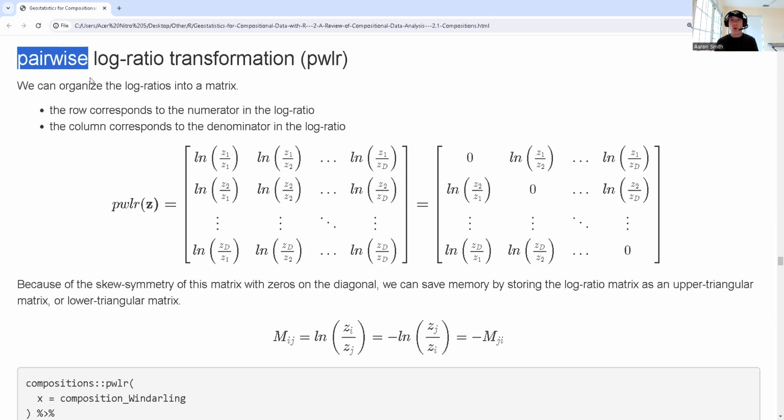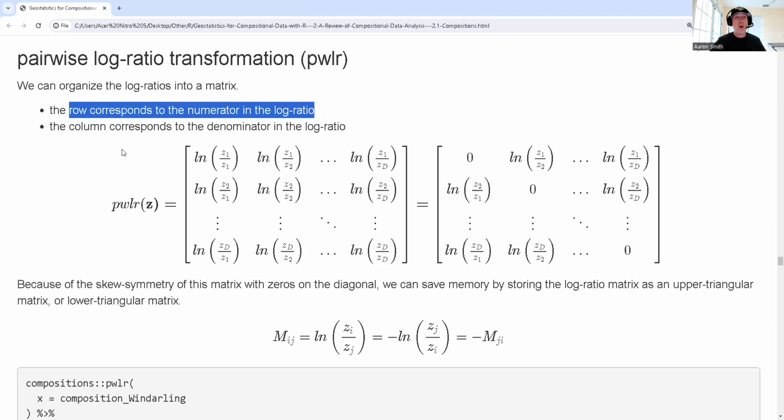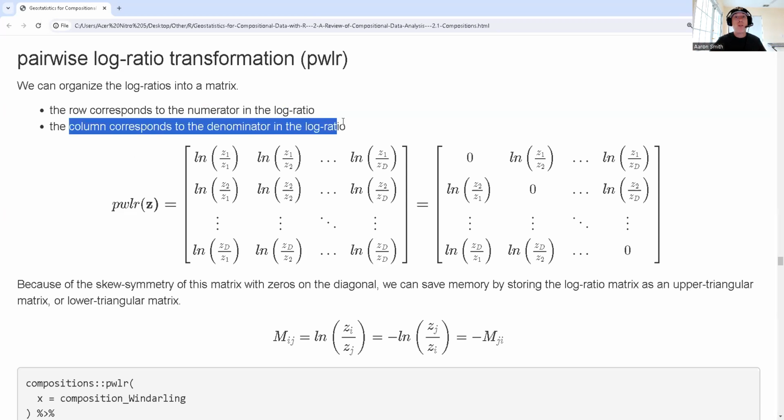Then I'll do this also with measurement 2 and measurement 1, measurement 2 with measurement 2, measurement 2 with measurement 3, and so on until I get all D by D combinations. And so we're going to represent this using a matrix very naturally. Rows will correspond to the numerator in the log ratio, and columns will correspond to the denominators in the log ratio. This is how the textbook presents it.